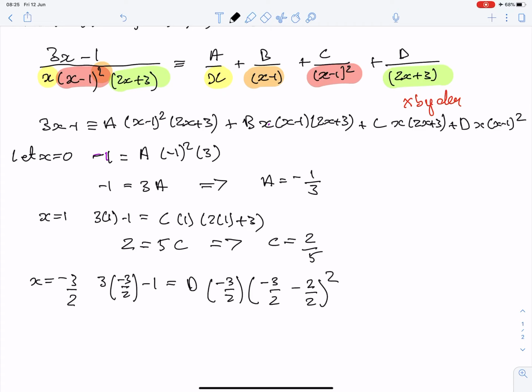Tidy that up, minus 9, and again we can think of this as 2 over 2.